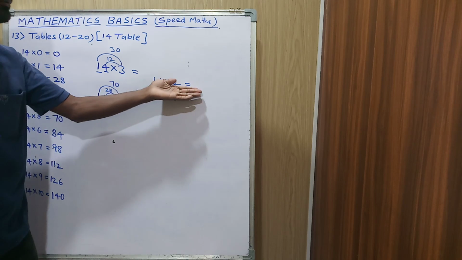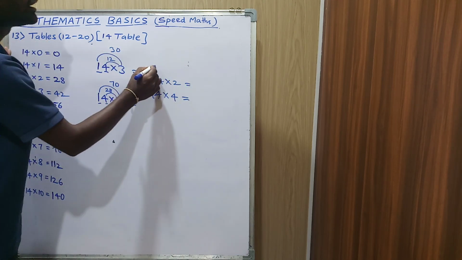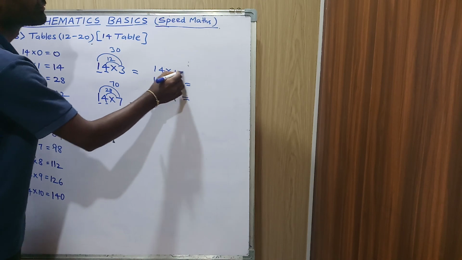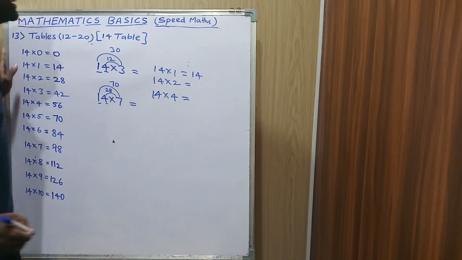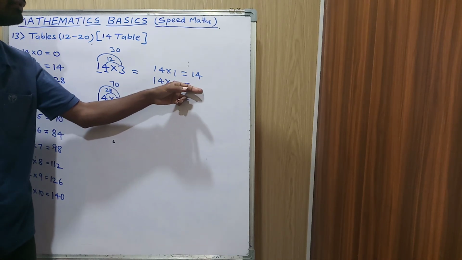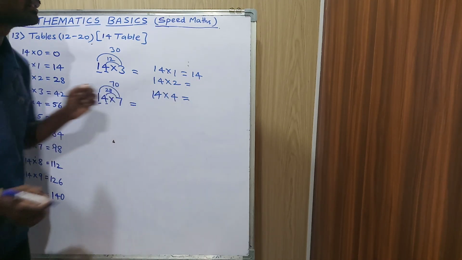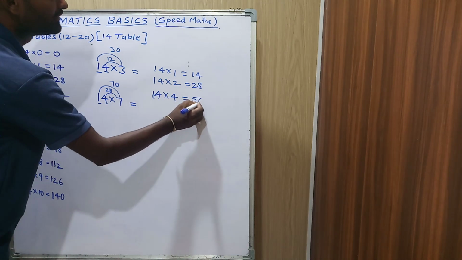If you don't know 14 twos, that doesn't matter either. Just think about 14 ones. Definitely you know 14 ones are 14. So if you double the 14 ones answer, you get 14 twos. If you double the 14 twos answer, you get 14 fours. So 14 doubled is 28, 28 doubled is 56.